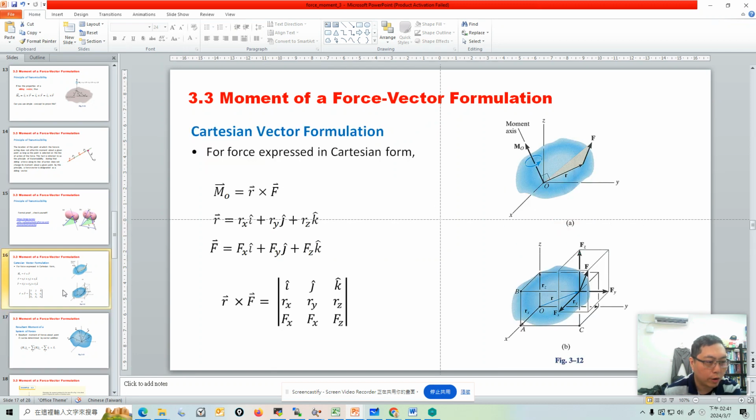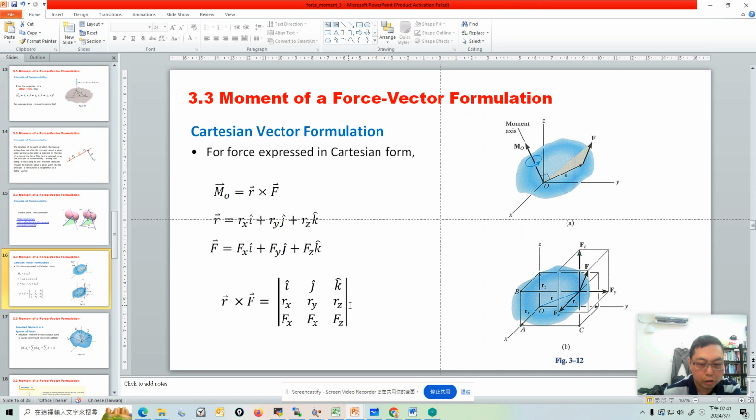So the moment is the position vector crossed with the force vector. If we express our vectors as Cartesian vectors, r cross F equals this condensed form, the determinant of a 3 by 3 matrix. The first row is the unit vectors of the x-axis, y-axis, and z-axis: i, j, k.